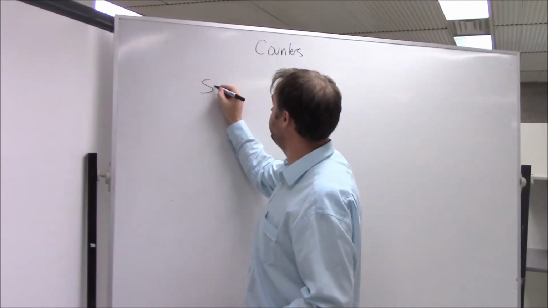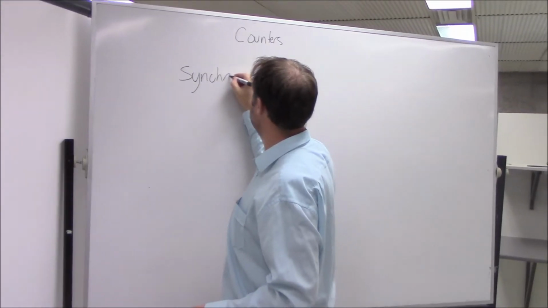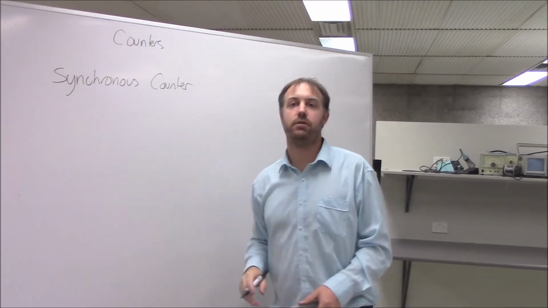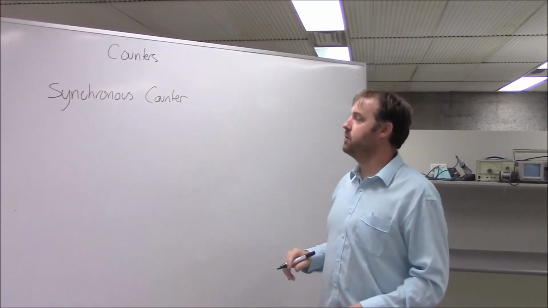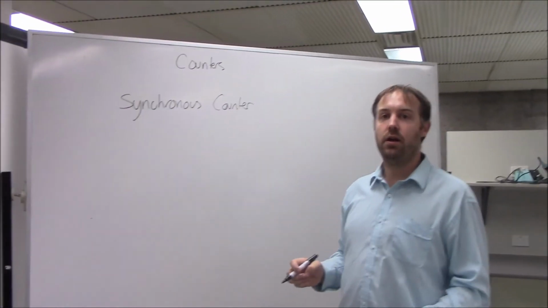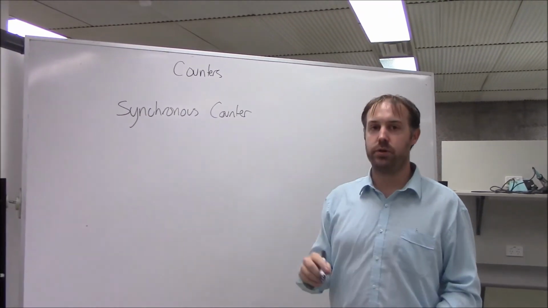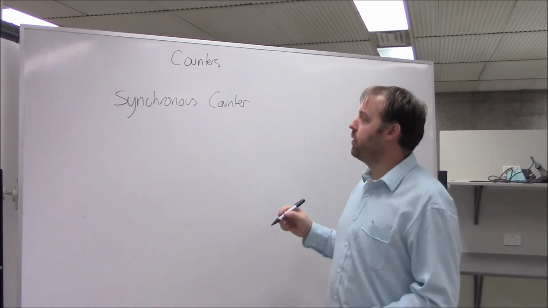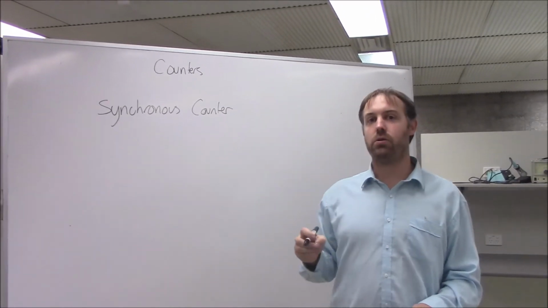So there are synchronous counters. Well, here is a picture of a synchronous counter's circuit diagram. You can see that it uses logic to control the inputs of each flip-flop, but the clock pins are all connected together.